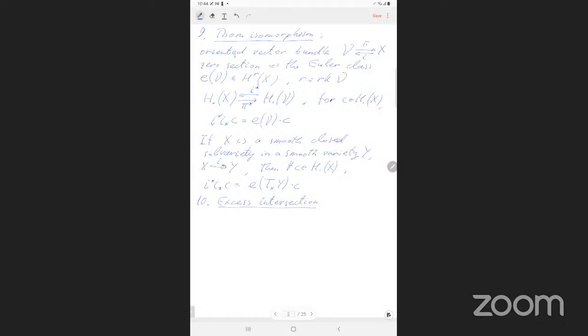So we have two smooth oriented subvarieties, Z1 and Z2, in an oriented manifold M, and we assume that the intersection is smooth but not transversal.